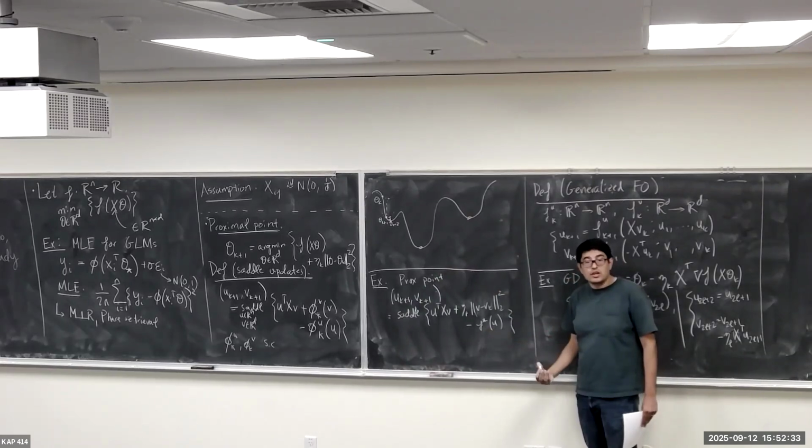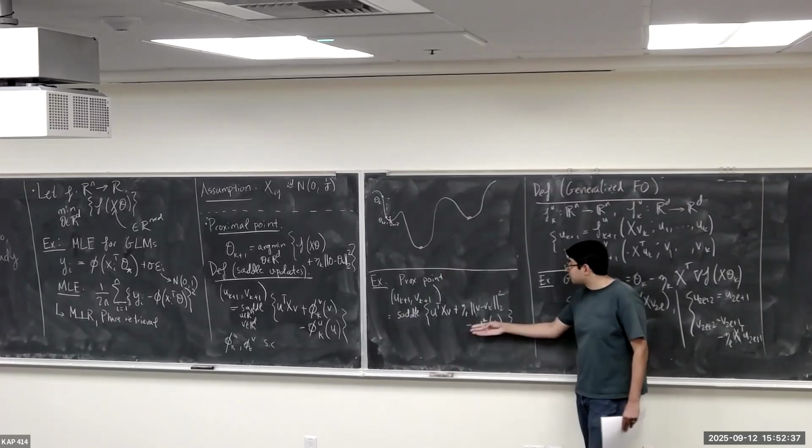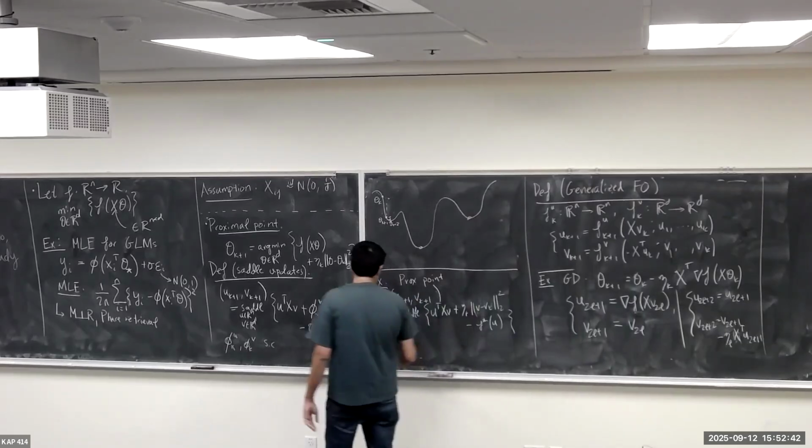So for instance, if f is strongly convex and smooth, f star is also strongly convex and smooth.